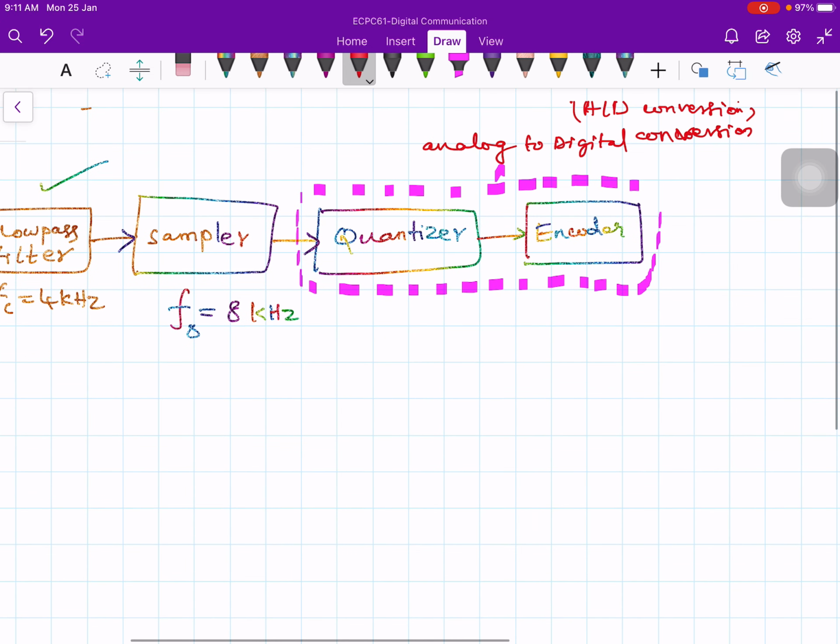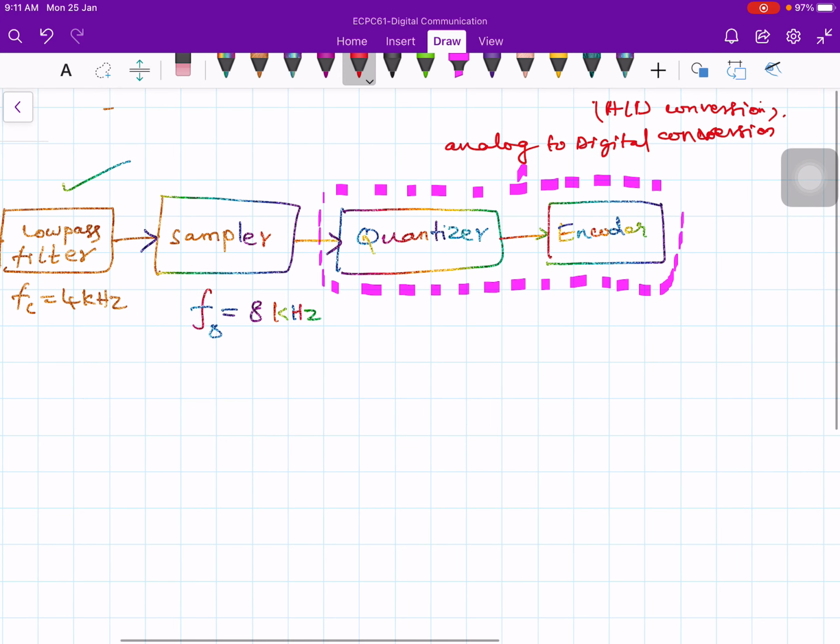So the quantization process and the encoding process are slightly indistinguishable at the implementation level. They go more or less hand in hand.